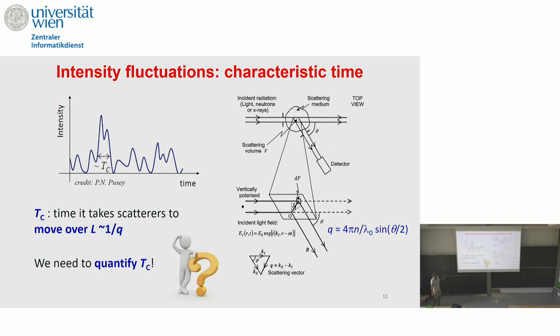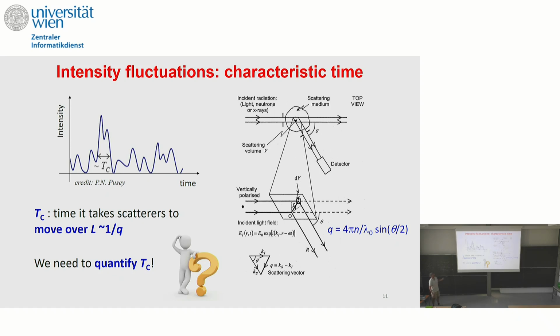So we have learned what the q vector is. We know that the characteristic time scale of these intensity fluctuations tells us the time it takes the scatterers to move over a distance 1 over q, roughly.